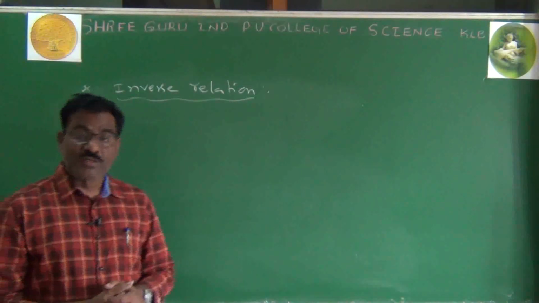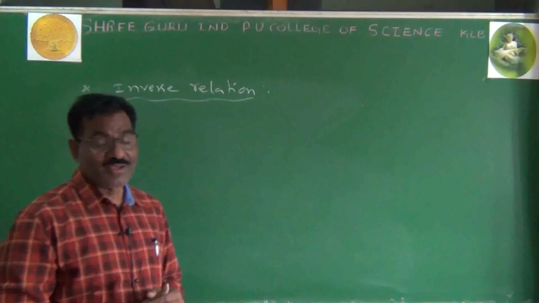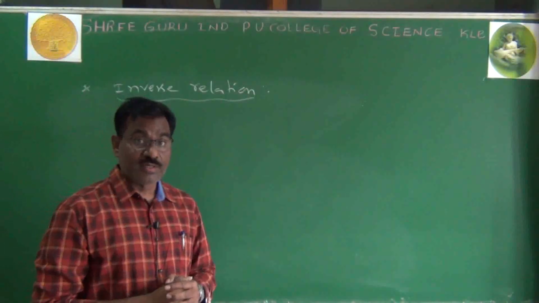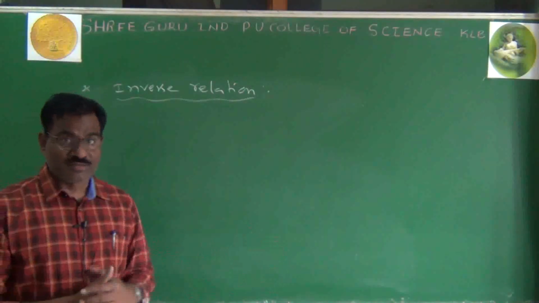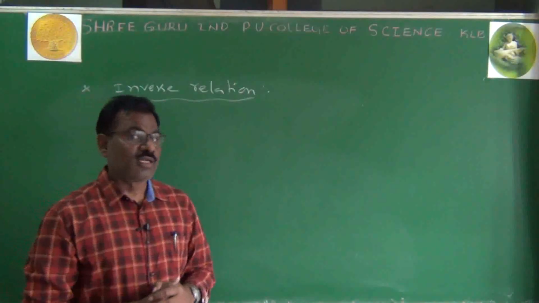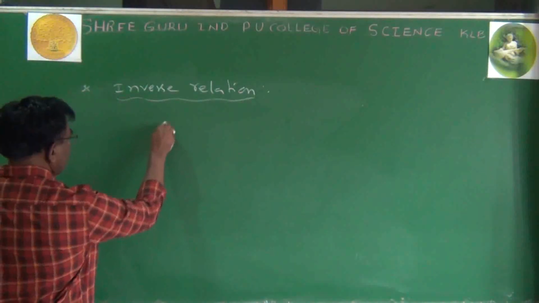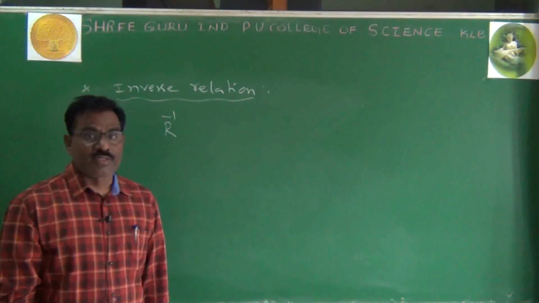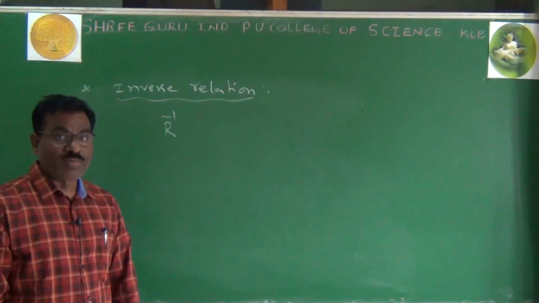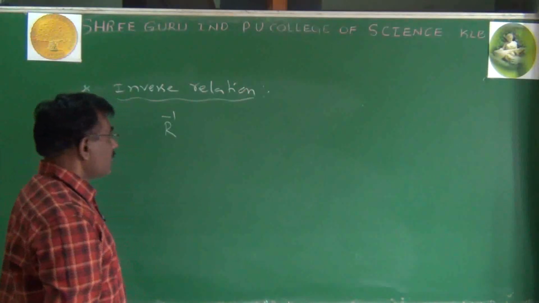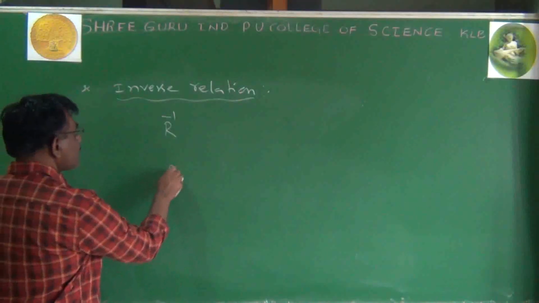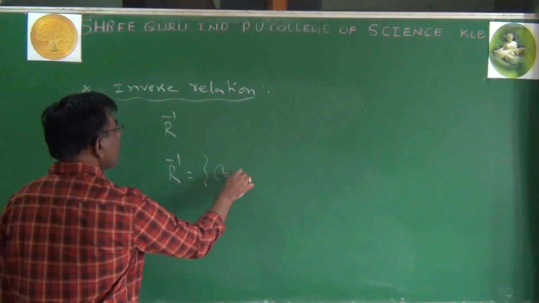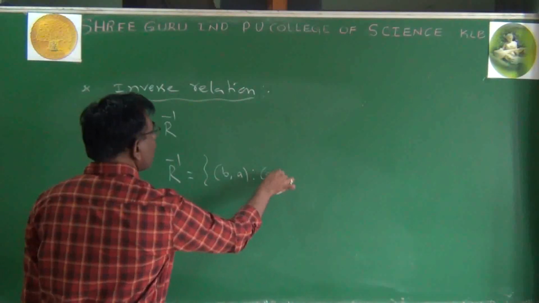If R is a relation from set A to set B, then the inverse of R is denoted by R inverse. R inverse is defined as R inverse equals (b, a) such that (a, b) belongs to R.